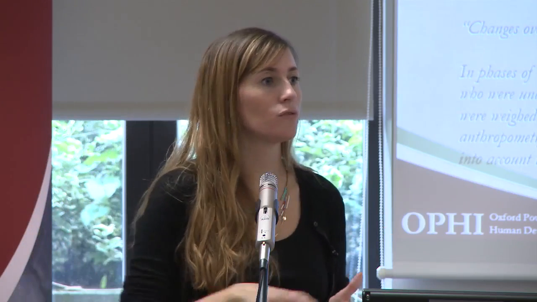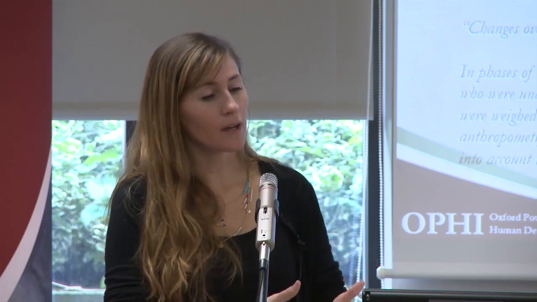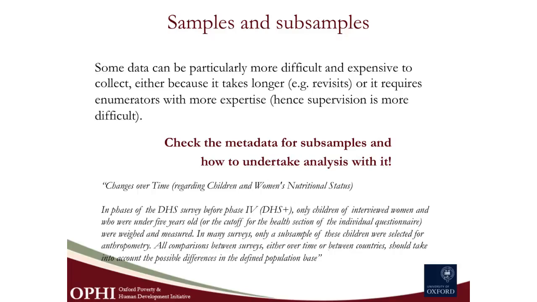And only half of the women selected were going to be measured for anthropometrics. So at the end, we don't have anthropometric measures about weight and height or BMI for all the women in reproductive age and all children under 5, but only for a subset of them.